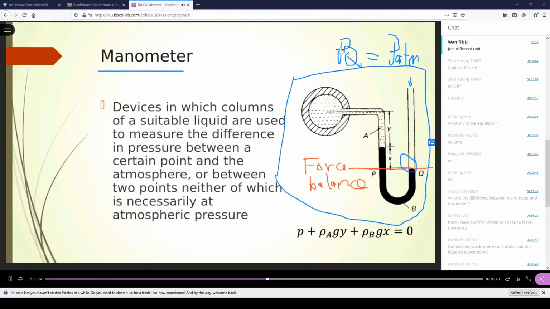If you have that kind of exercise or question, then remember we are actually talking about force balance. Only force balance will help. Usually for a U-tube the two rims are symmetrical, so the two rims have the same diameter. So pressure balance becomes pressure equilibrium.